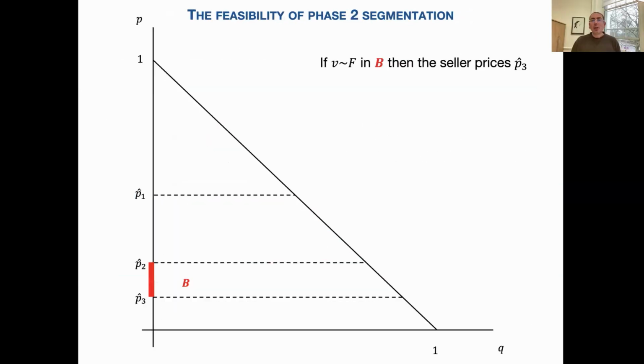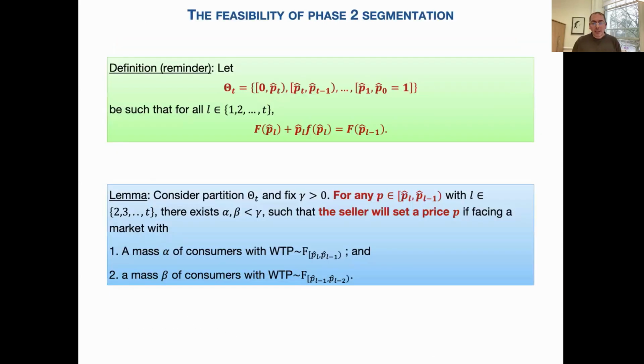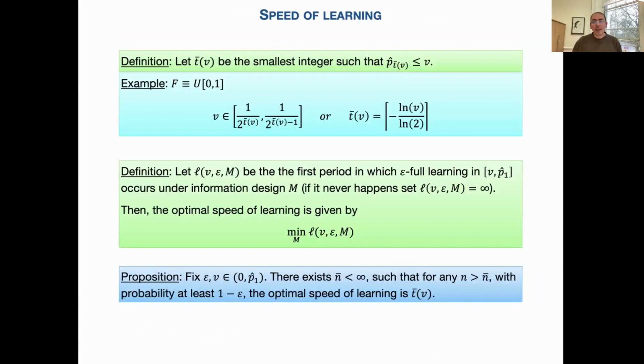Yeah. So actually, I have a result, so I'll put it here. Essentially, suppose that you want to epsilon learn.